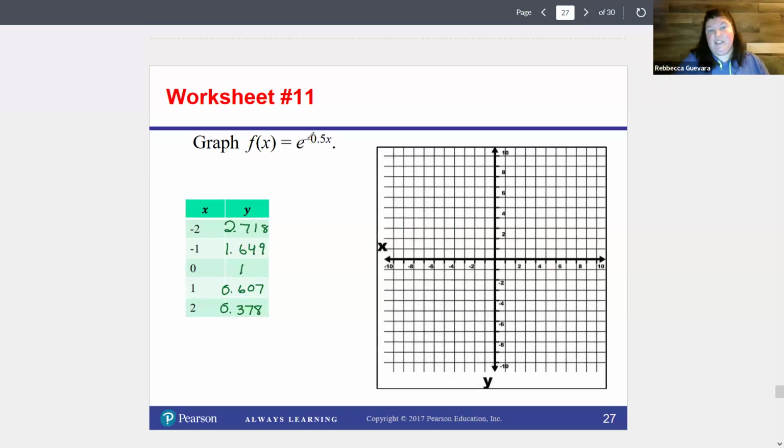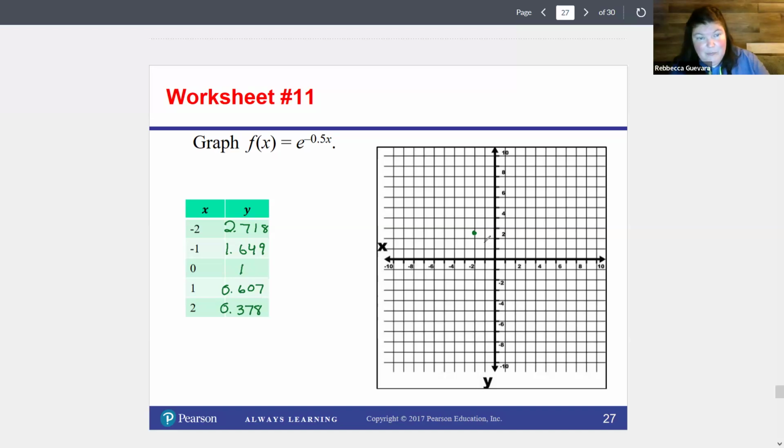Because we have this negative in the exponent, it is going to cause this decline that we see here in values. So at -2, it's about e, so about 2 2/3, a little past that. At -1, it's going to give us 1.649.